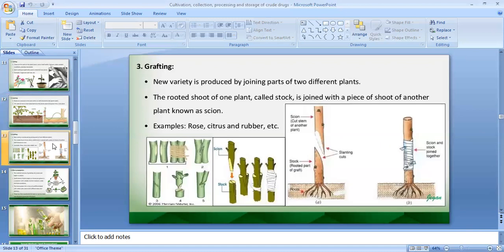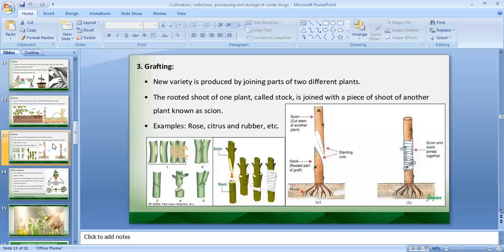Grafting. The third method of artificial propagation is grafting. So we will see about grafting. A new variety is produced by joining parts of different plants. The rooted shoot of one plant called stock is joined with a piece of shoot of another plant known as scion.